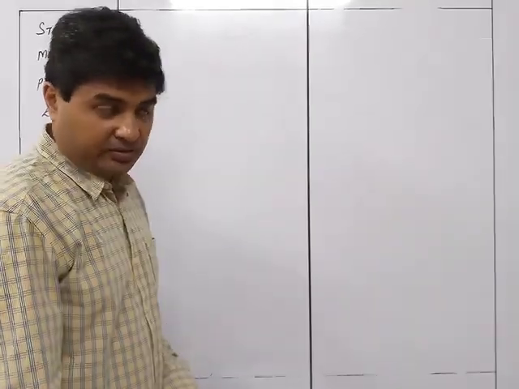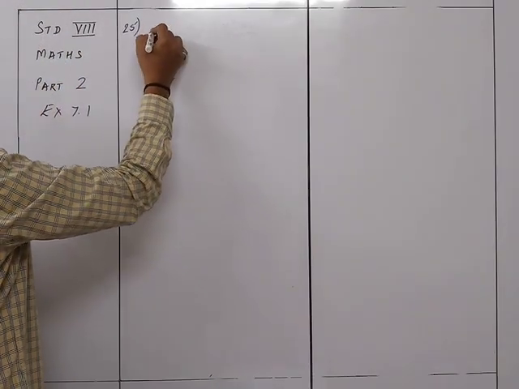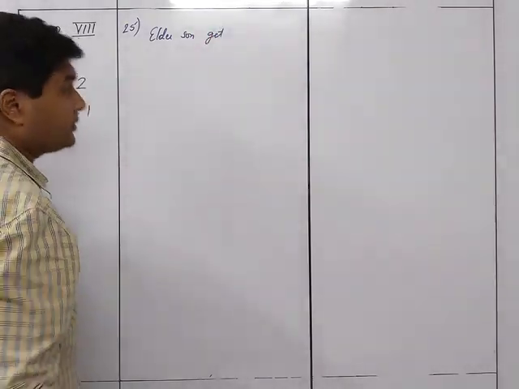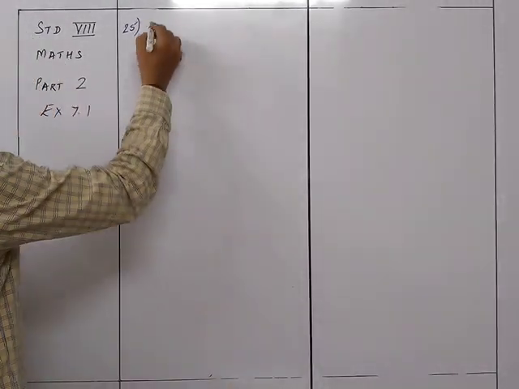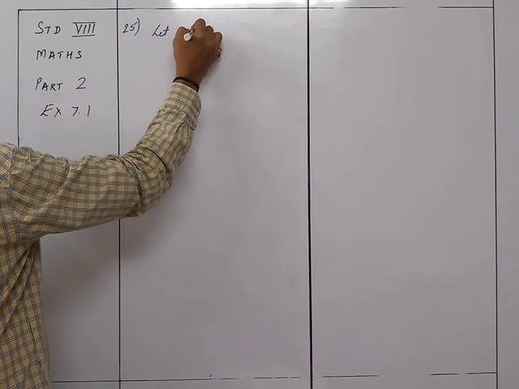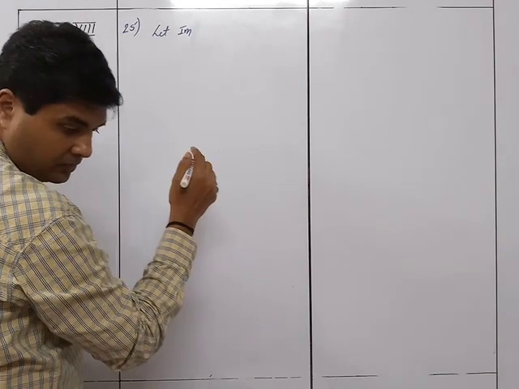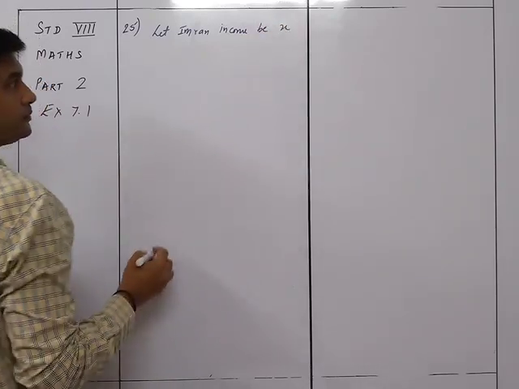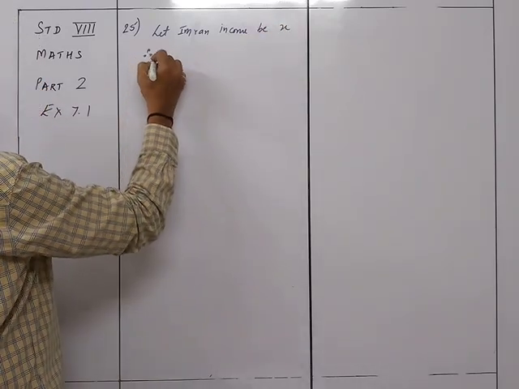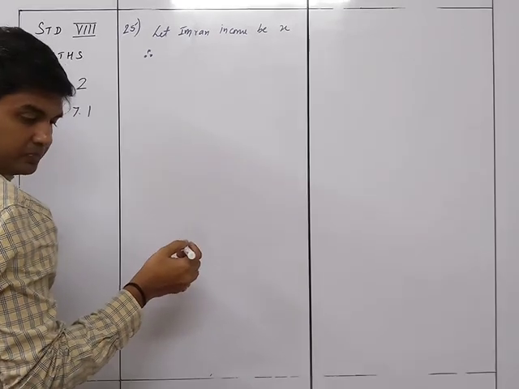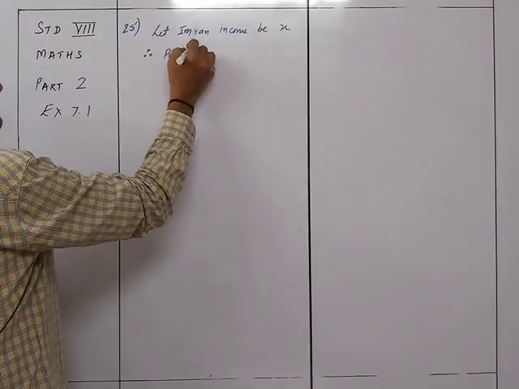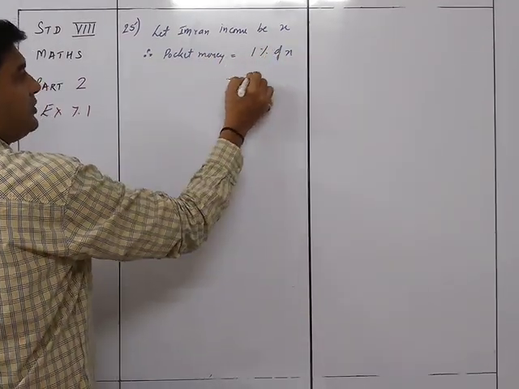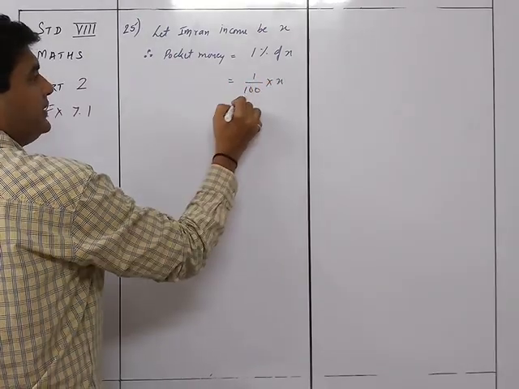he is saving 60 rupees, right? So first of all, we know that elder son gets, or we'll do one thing. We'll say over here that let Imran's income be x. Therefore, pocket money is equals to 1% of x is equals to 1 upon 100 into x is equals to x upon 100.